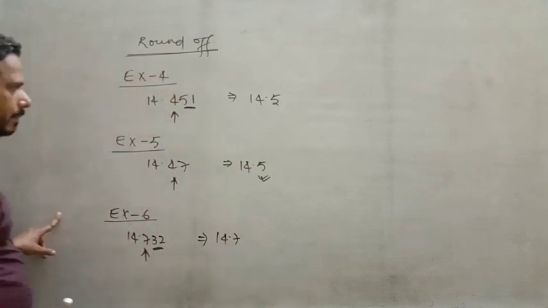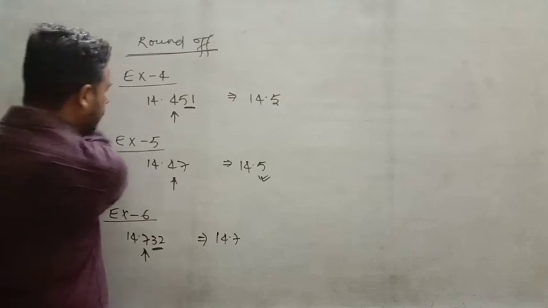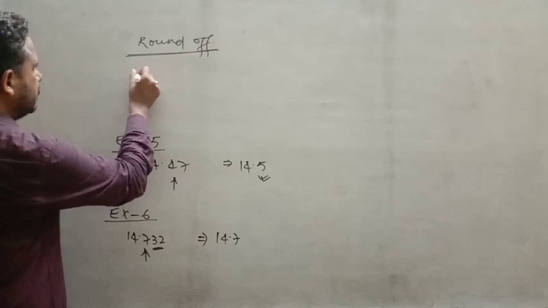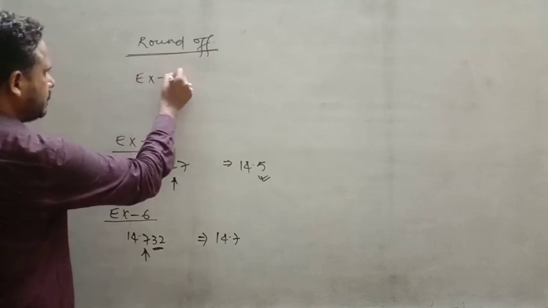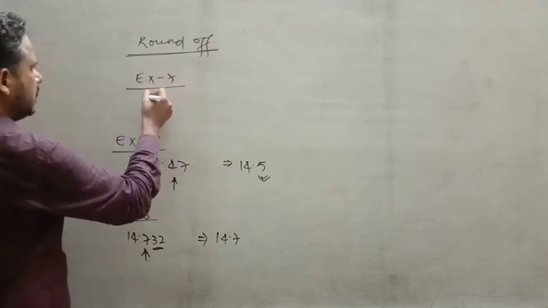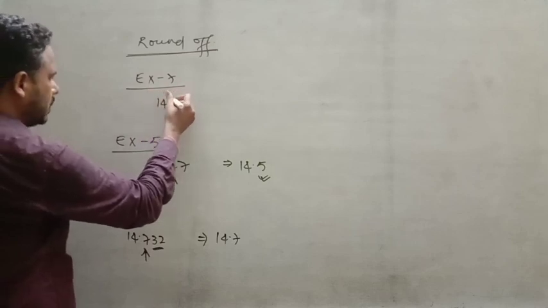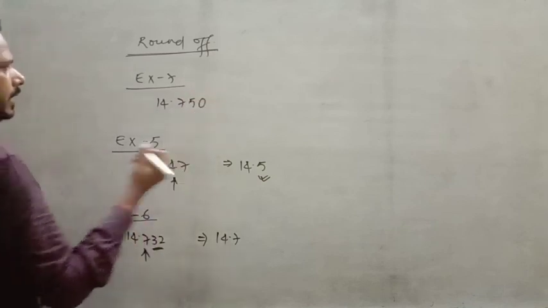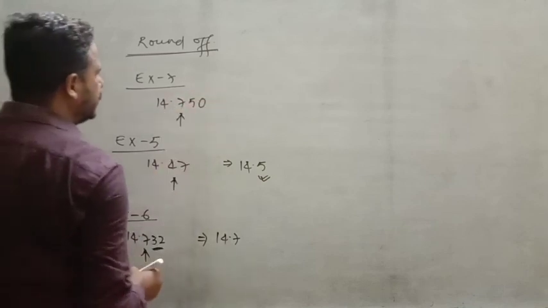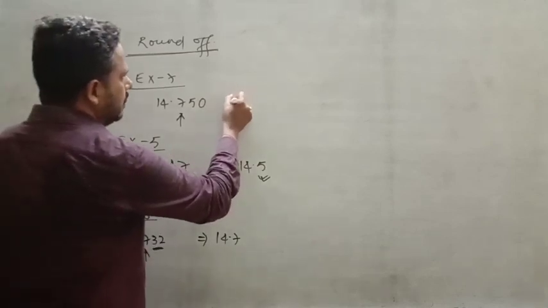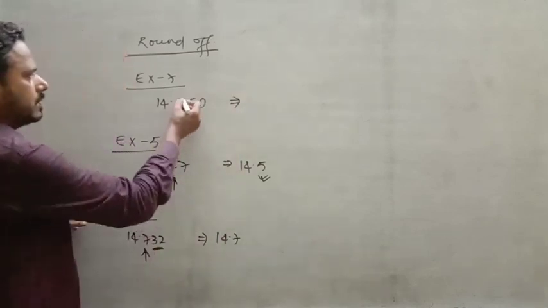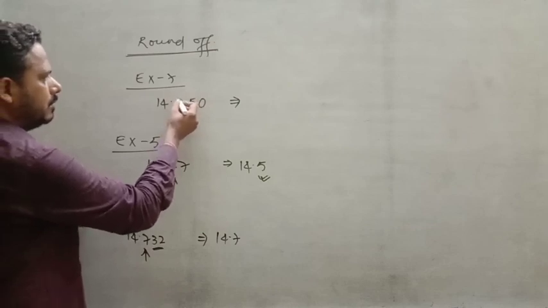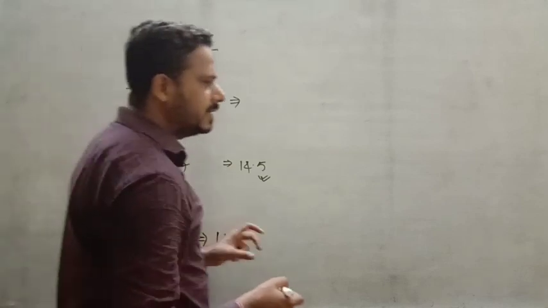Okay. Now the next example is 14.750, and again you have to round off up to 3 significant digits. You are seeing that this digit is 7, and 7 is an odd number.